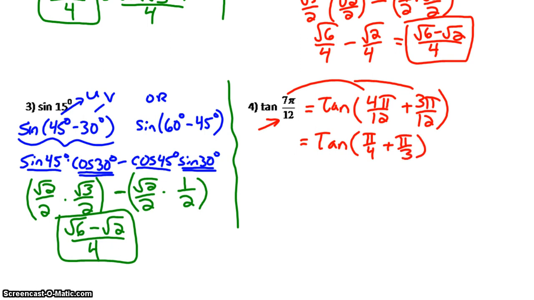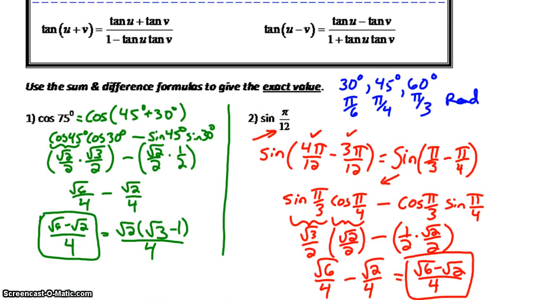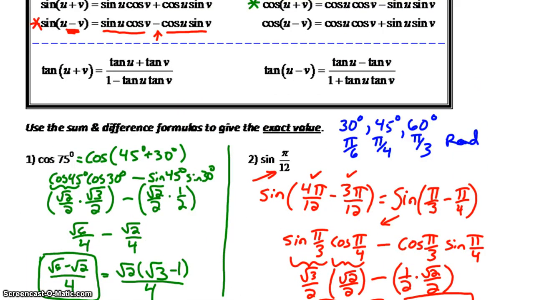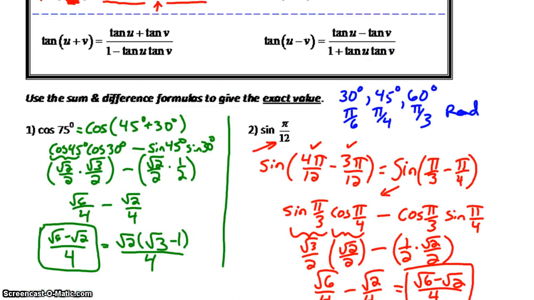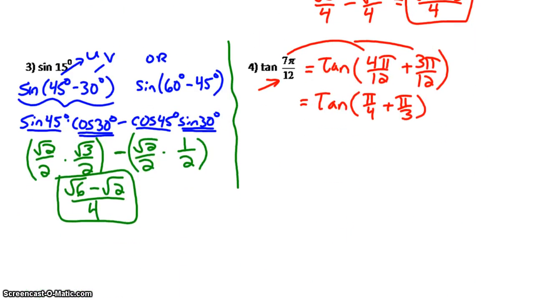Now this formula is a little bit more complex. If you take a look at this formula up here, we're going to use the addition formula, and we have to look at tan u plus tan v, and that's all going to take place over 1 minus tan u tan v. So we're going to come down here and start to perform that task.